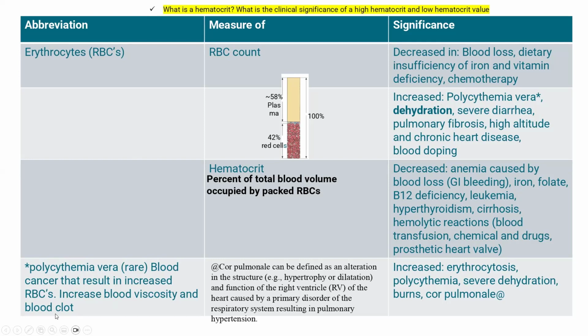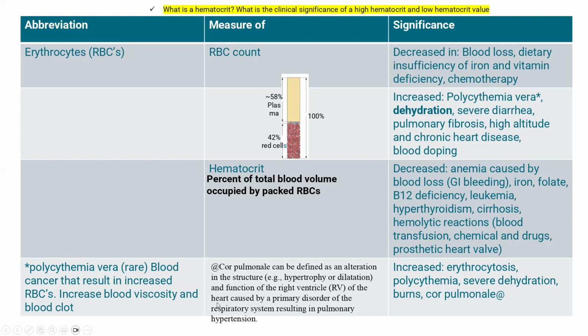Why? This could be due to erythrocytosis, polycythemia, severe dehydration, burns, or cor pulmonale. What is cor pulmonale? Cor pulmonale is an alteration in the structure, like hypertrophy or dilation, and function of the right ventricle, the right side of the heart, caused by a primary disorder of the respiratory system resulting in pulmonary hypertension.